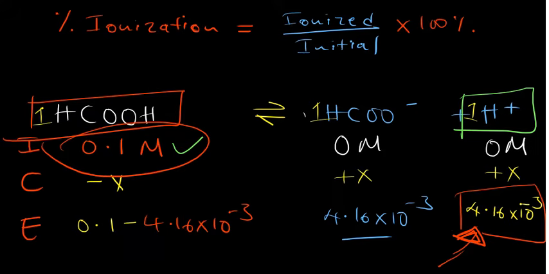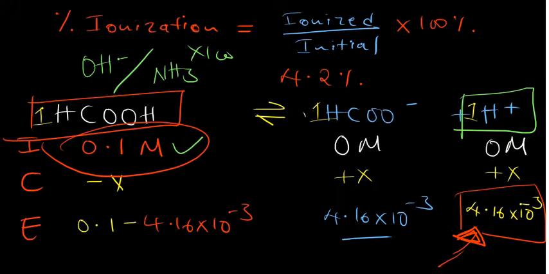So in this case, it will be 4.16 times 10 to the power negative 3 over 0.1 times 100, which will give us 4.2%. Okay. So in a case, of course, we are talking about the base, it will be the same. You look at how much of the hydroxide has been produced, and then divided by the base you had times 100. That's how you determine the percent ionization.